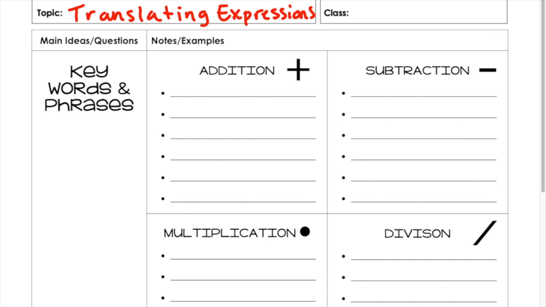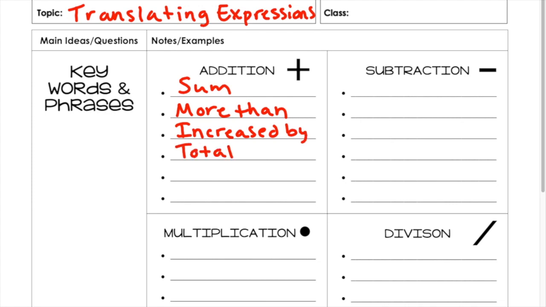So when we are translating expressions, we have a few key words and phrases that represent our main operations in math. For addition, some of our key words and phrases would be sum, to add words together or add numbers together, more than, increased by, total.